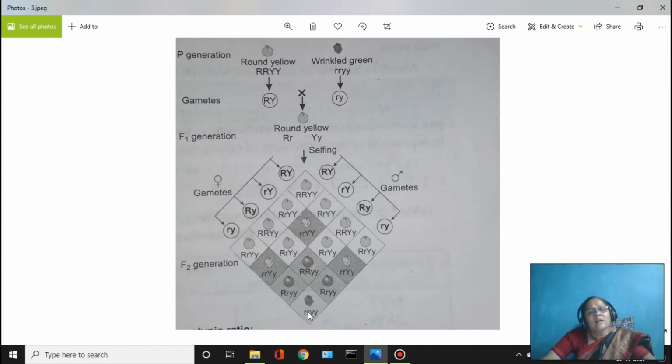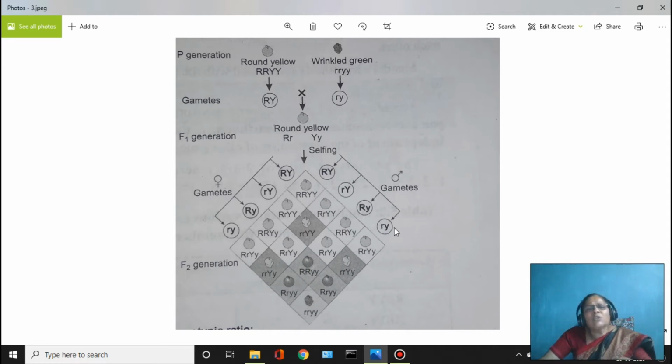So these two are non-parental combinations. When he did the two monohybrid crosses separately, round and wrinkled, yellow and green, round 3/4, wrinkled 1/4, 3:1. With the multiplication of the 3:1 into 3:1, he got this 9:3:3:1.